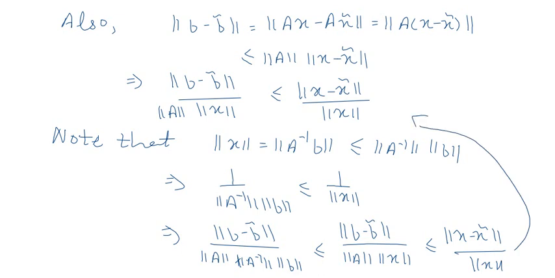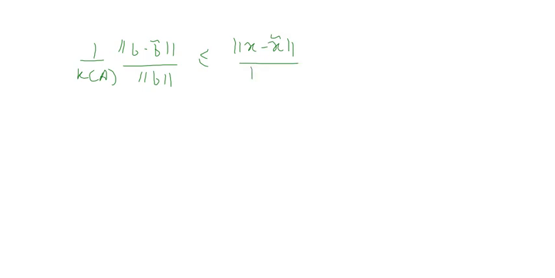Now if you look at the denominator here, that is nothing but the condition number. So what you observe in this inequality is norm of B minus B tilde by norm of B times 1 upon K of A is less than or equal to norm of x minus x tilde by norm x.